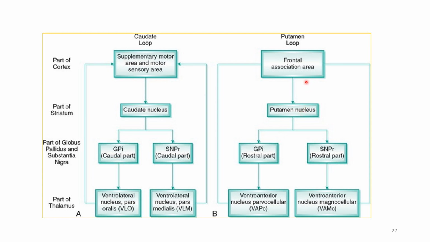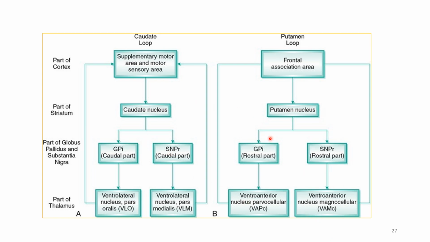Whereas in the putamen loop, the putamen receives its afferent fibers from the frontal association area, and sends its impulses to the rostral part of the globus pallidus internus and substantia nigra pars reticularis. These influence the ventro-anterior nucleus parvocellular and the ventro-anterior nucleus magnocellular, which are parts of the thalamus.